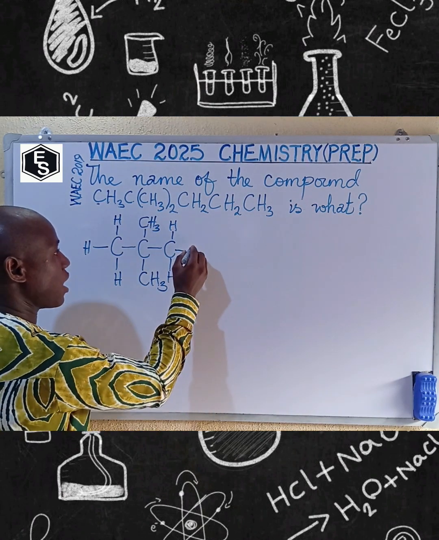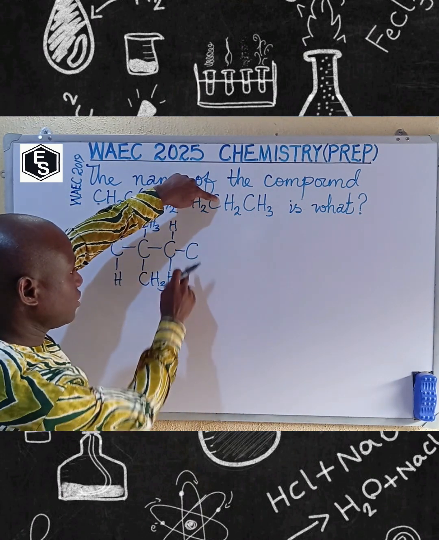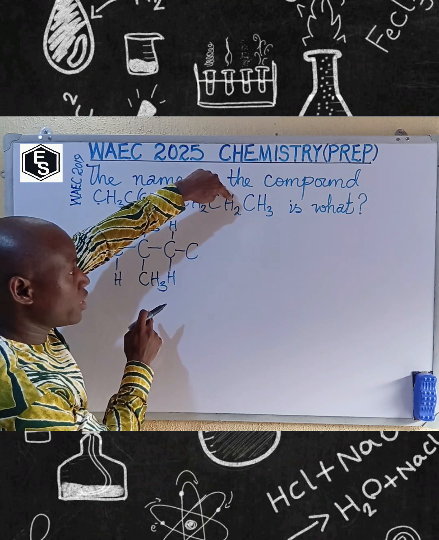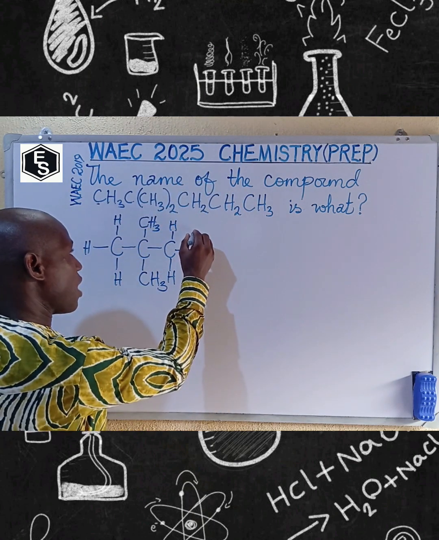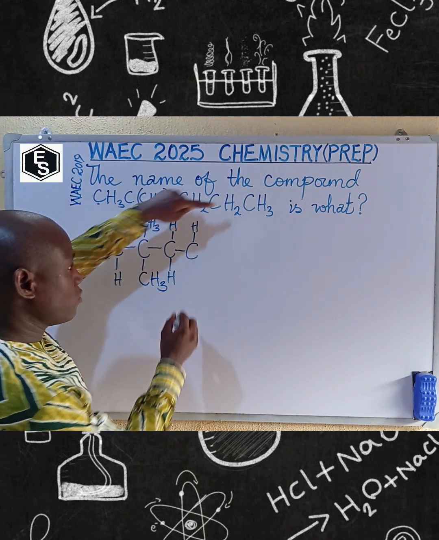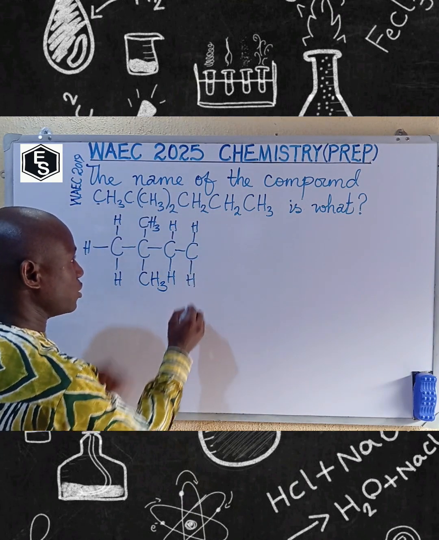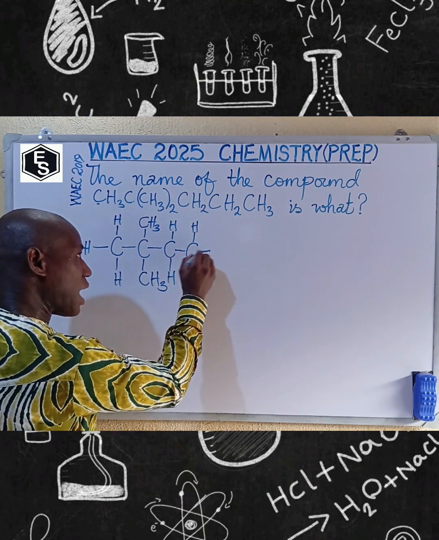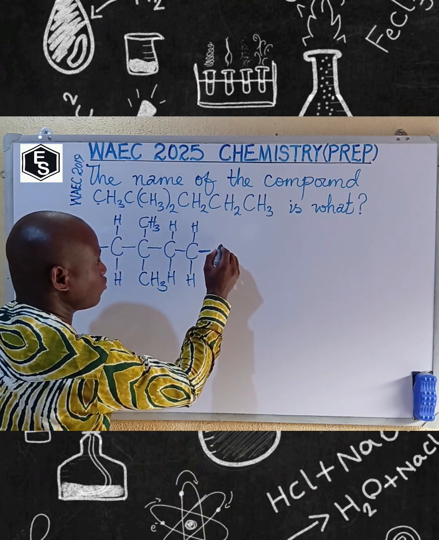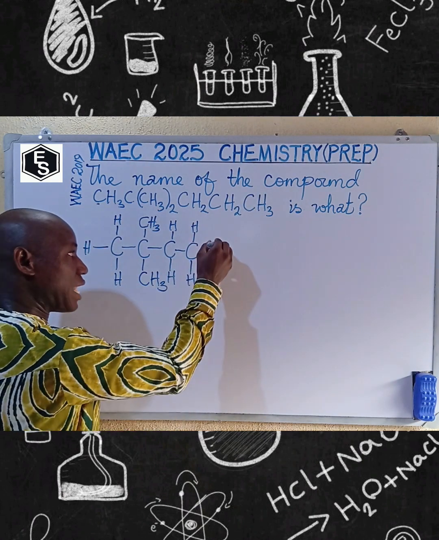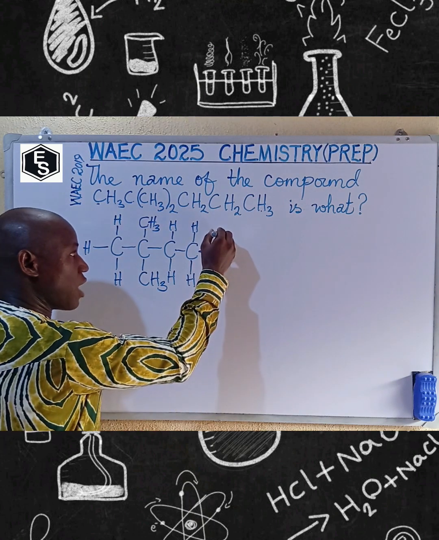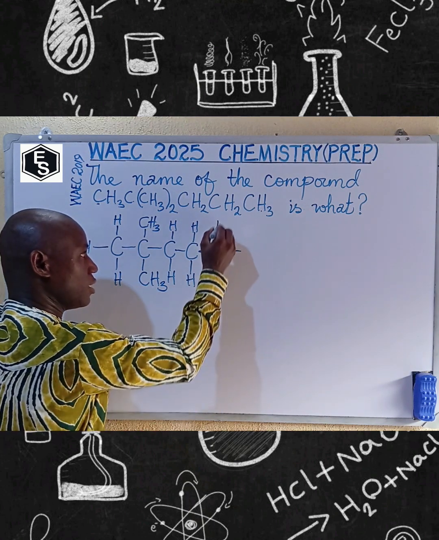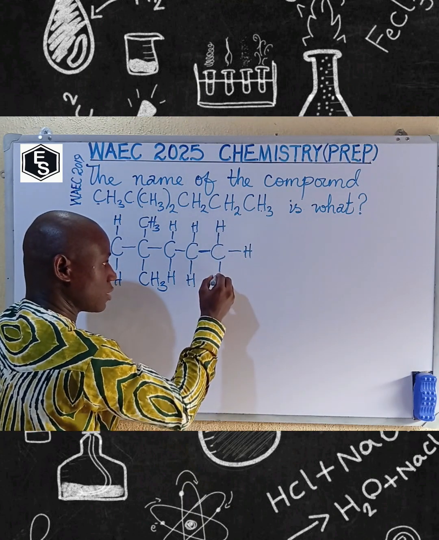It is bonded to 2 hydrogen atoms. So we have one of the hydrogen atoms and the second hydrogen atom. Now, this same carbon has another bond to this last carbon atom. This last carbon atom is bonded to 3 hydrogen atoms. So we have 1, 2, 3 hydrogen, hydrogen, hydrogen.